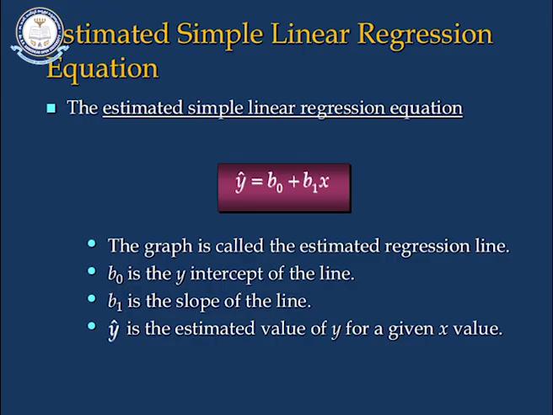And here the graph is called the estimated regression line, and beta naught is the y-intercept of the line, whereas beta 1 is the slope of the line, and y hat is the estimated value of y for a given x value. So I'm sure that you will not get confused between y and y hat, and that is the reason we will have the estimation process. This estimation process will give you lots of hands-on experience.